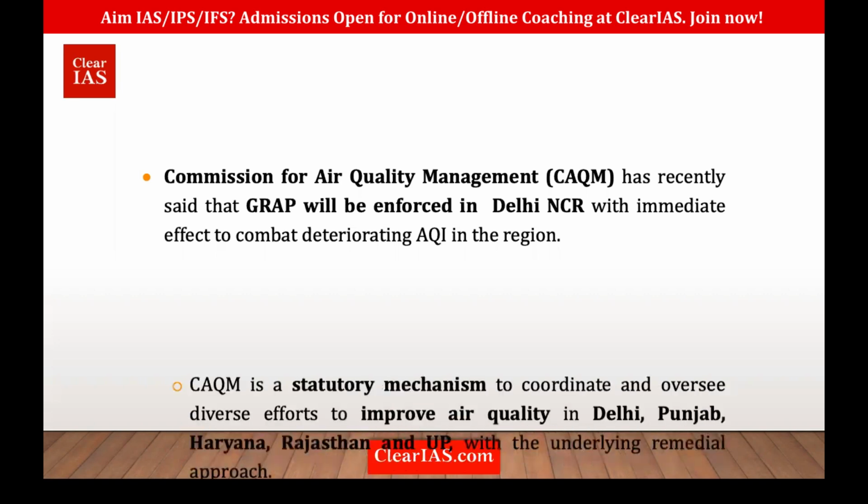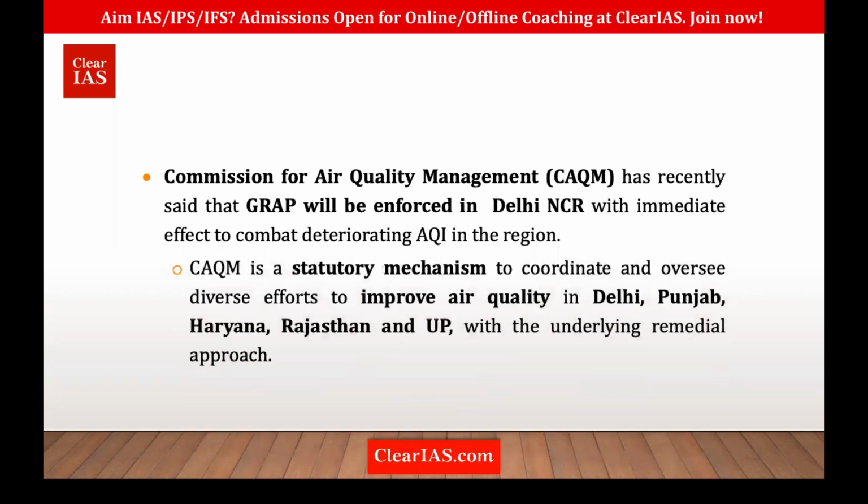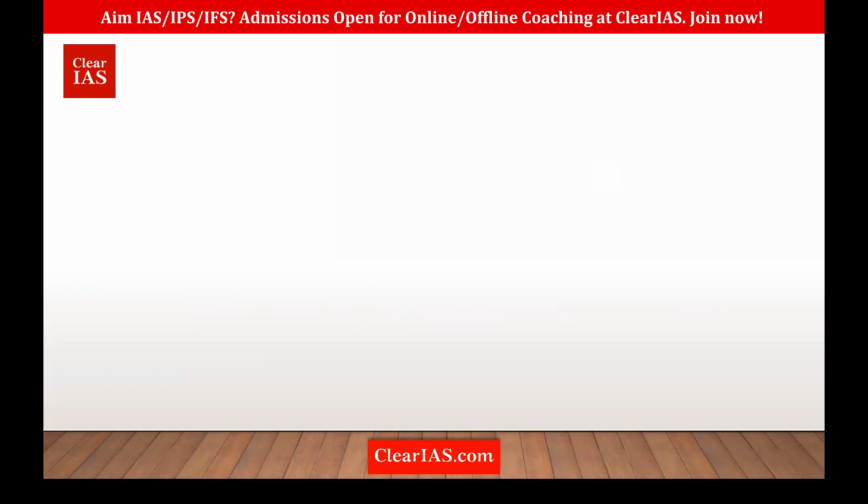Remember, this is a mechanism for the NCR region, that is all the states in the NCR region, Delhi, Punjab, Haryana, Rajasthan, and UP, so that they can improve the air quality in the region. It is implemented by the Commission for Air Quality Management.